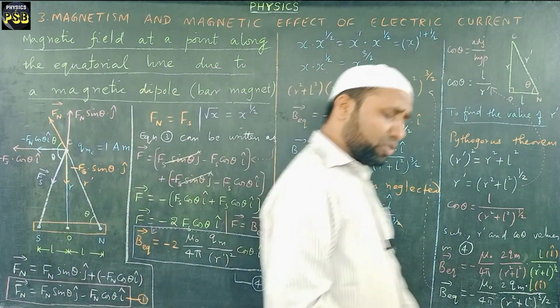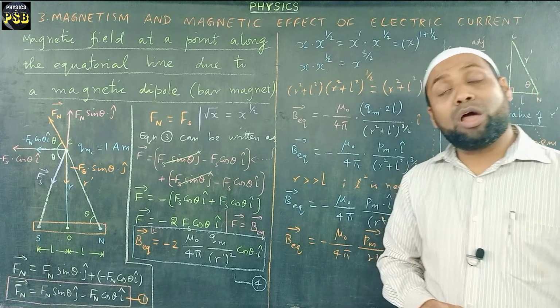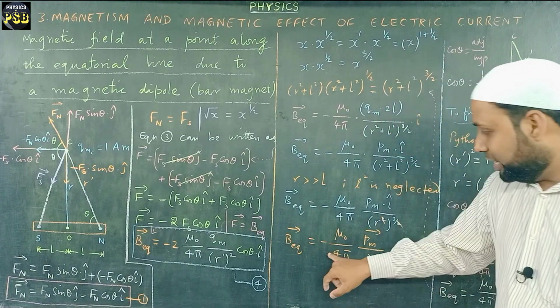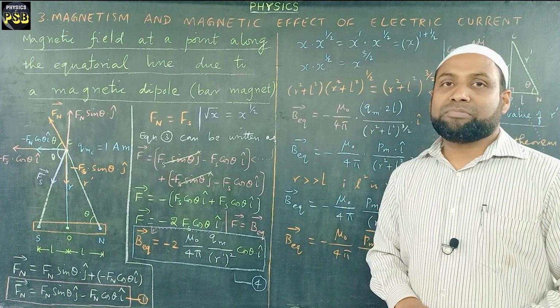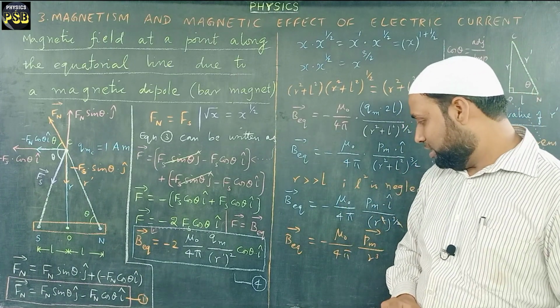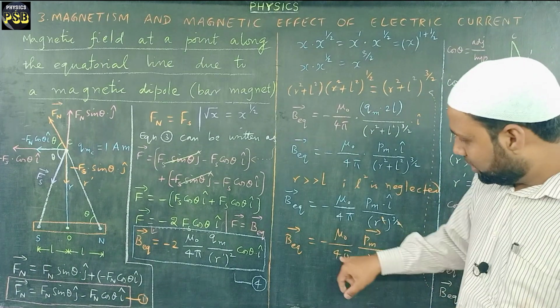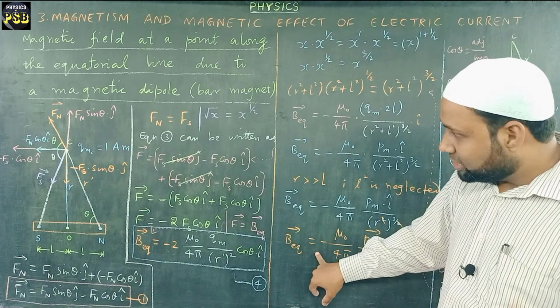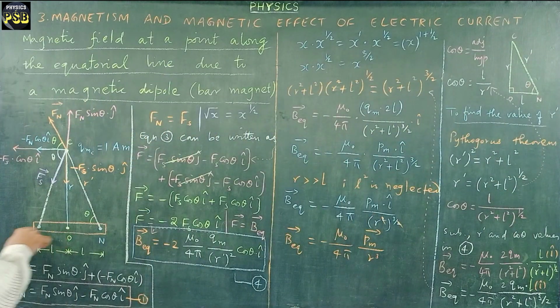Clear? Now, if you compare this with the expression of the magnetic field at a point along the axial line, you may find it is half of that value. Clear? And one more thing, this acts just opposite to that.